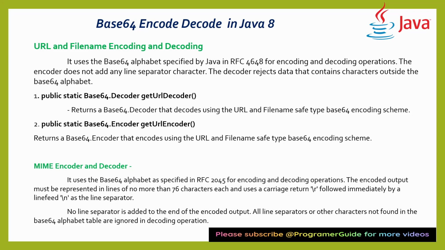No line separator is added at the end of the encoded output. All line separators or other characters not found in the Base64 alphabet table are ignored in the decoding operation. Whenever you want to use the line separator, you should use it before 76 characters itself, otherwise it is going to be ignored.